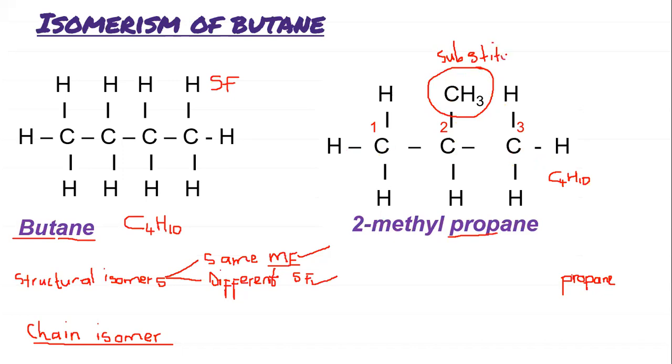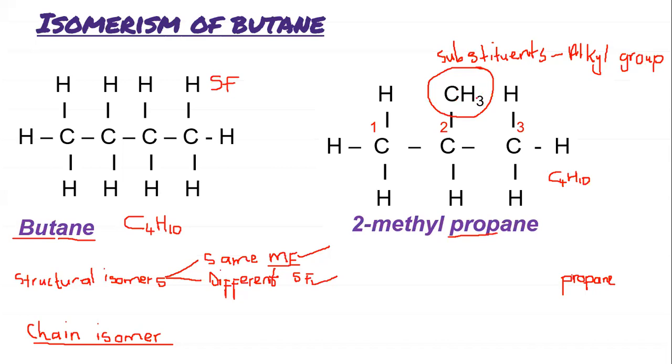And these substituents, as you see it there, is what we call an alkyl group. It's an alkyl group because it's short of 1 hydrogen. For example, if this was CH4, I would have called it methane because it would have the complete number of hydrogens.